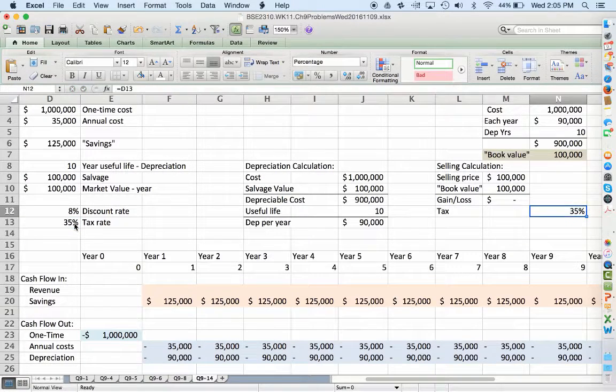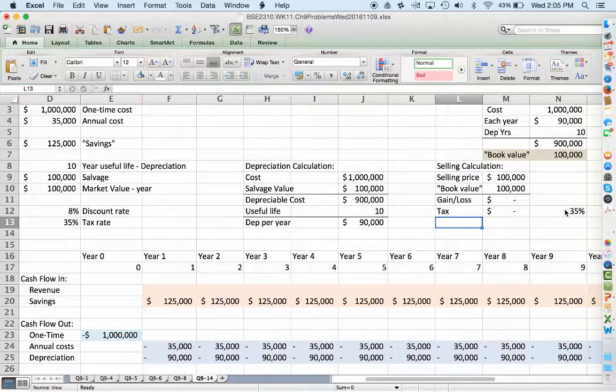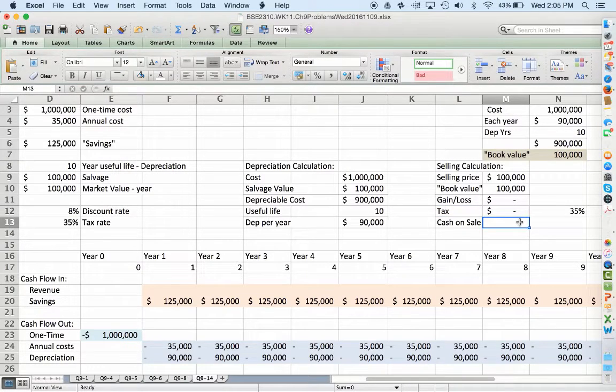And that tax reduces my cash from the sale. So I would take the selling price less the tax, and that gives me the cash on the sale. So if at the end of year 10 I sold this for $250,000, I'd have a $150,000 gain.